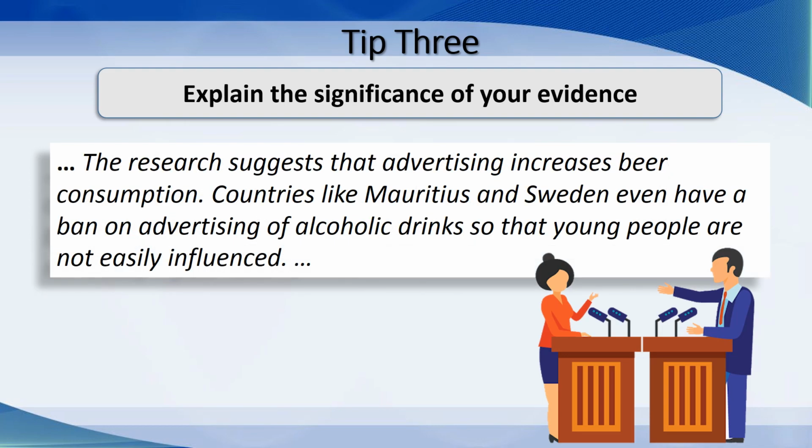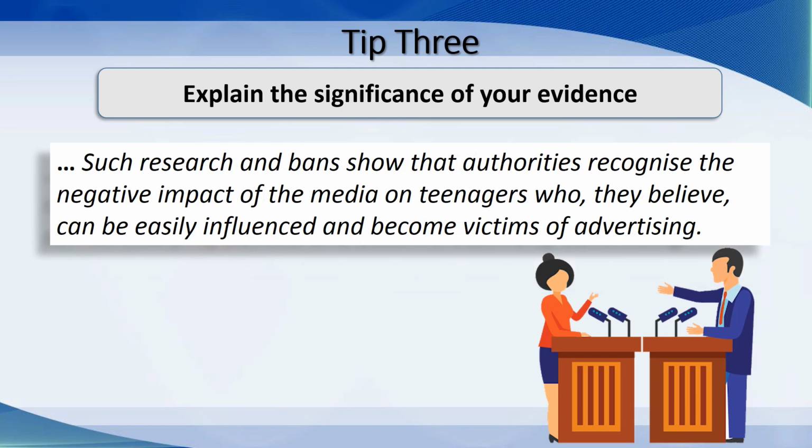The research suggests that advertising increases beer consumption. Countries like Mauritius and Sweden even have a ban on advertising of alcoholic drinks so that young people are not easily influenced. Such research and bans show that authorities recognize the negative impact of the media on teenagers who, they believe, can be easily influenced and become victims of advertising.